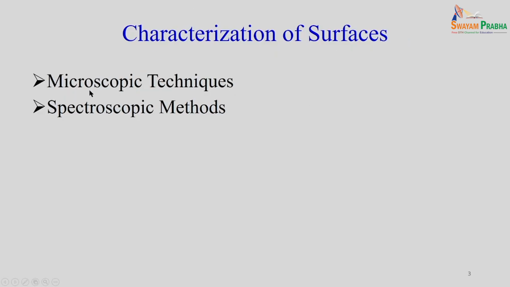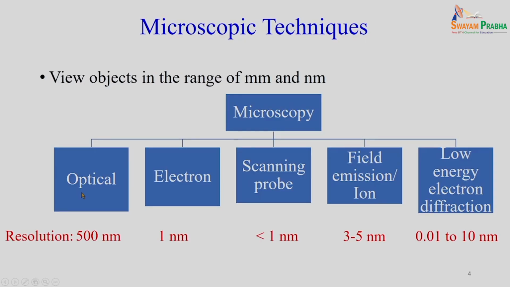Broadly, these characterization techniques are classified into microscopic techniques and spectroscopic methods. In the microscopic techniques we are going to use microscopy, and that may be optical microscopy, electron microscopy, scanning probe microscopy, field emission or field ion microscopy, low energy electron diffraction microscopy, or X-ray microscopy.